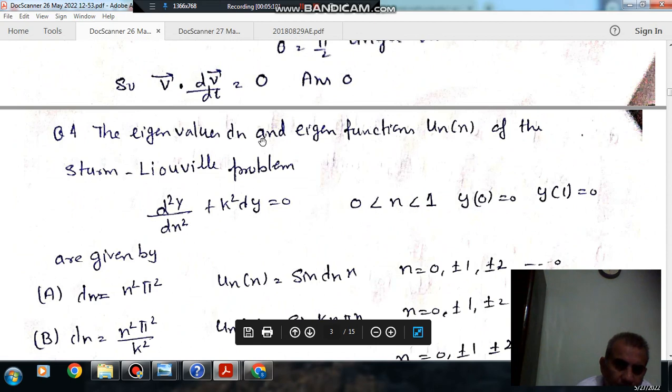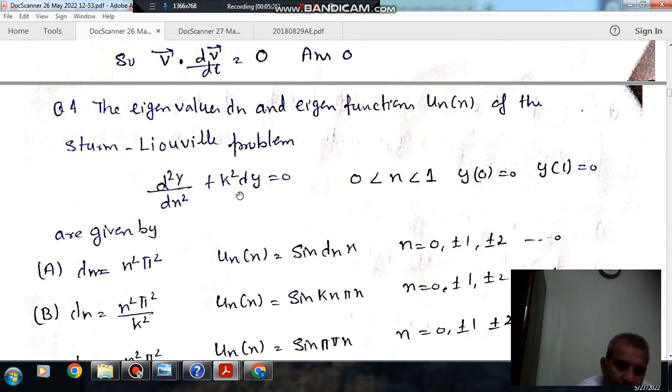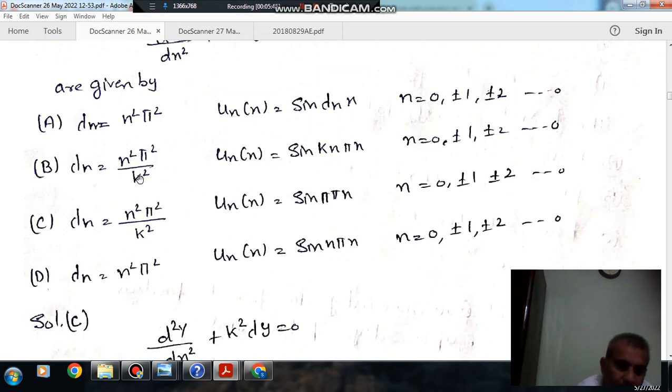Next, the eigenvalues lambda n and the eigenfunctions un of the Sturm-Liouville problem d square y by dx square plus k square lambda y equals 0, x varying from 0 to 1, y(0) = 0 and y(1) = 0, are given by: Option A, lambda n = n square pi square, un(x) = sin lambda n x, n = 0, plus minus 1, plus minus 2. Option B, lambda n = n square pi square by k square, un(x) = sin kx, n = 0, plus minus 1, plus minus 2.